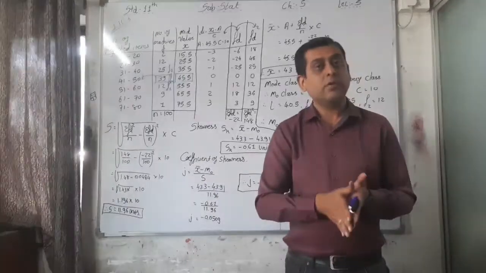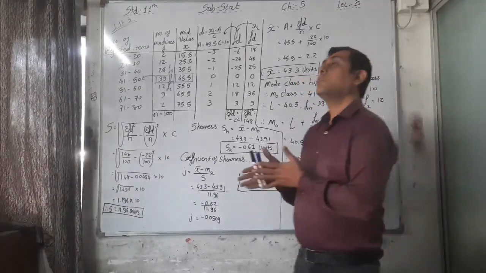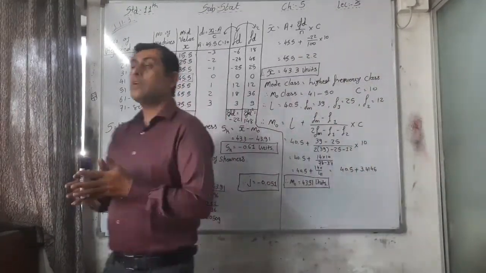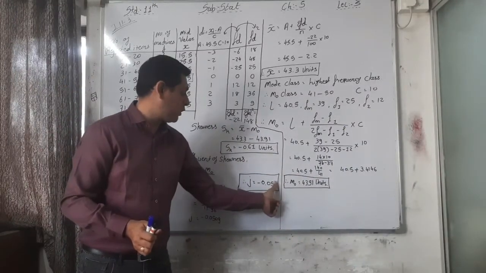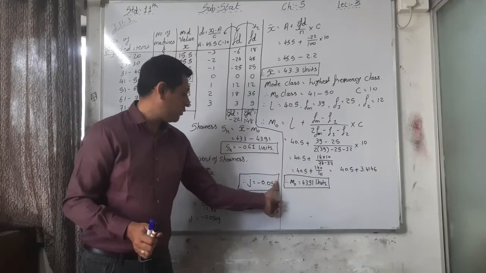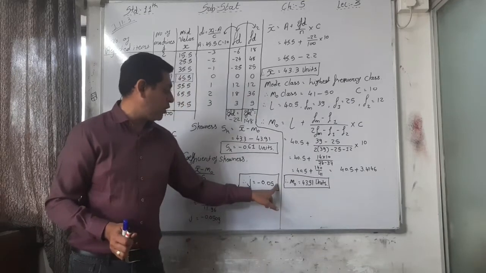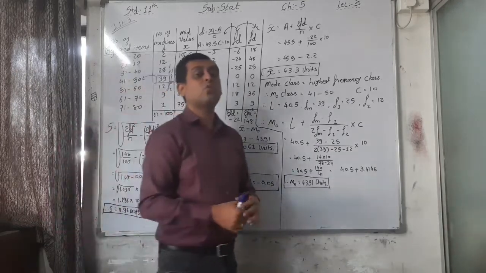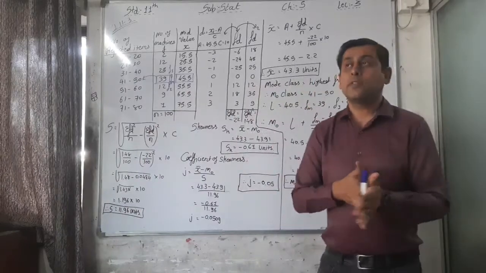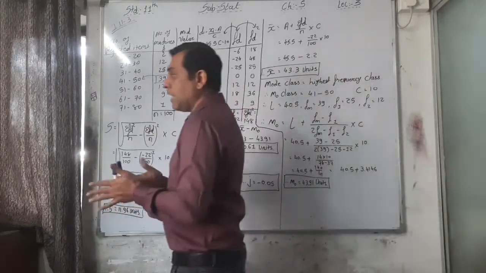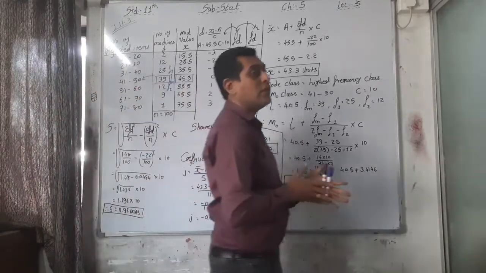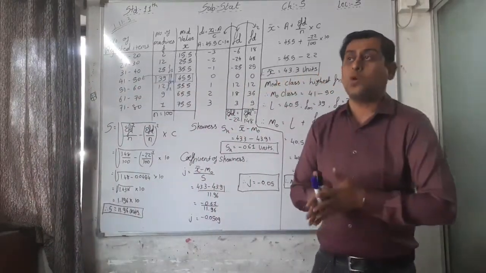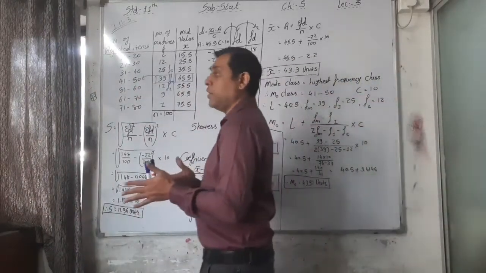So here the answer is negative, but it is nearest to 0. 0.05 means what? It is very near to 0. So you can say the skewness is negative for this data, but it is nearest, almost it's a symmetric distribution.